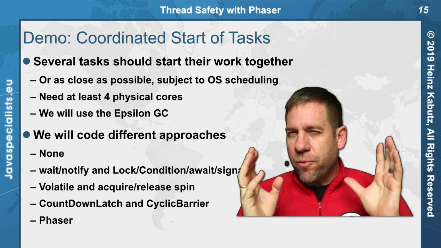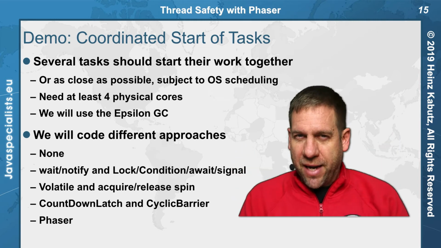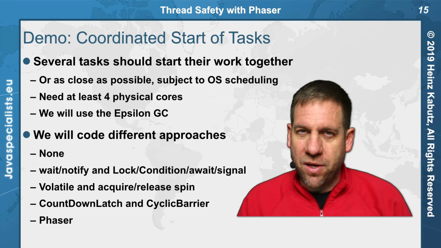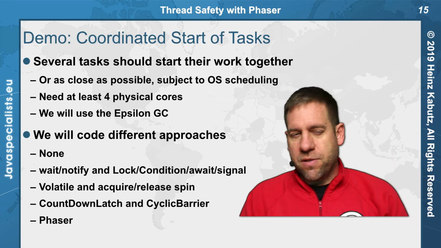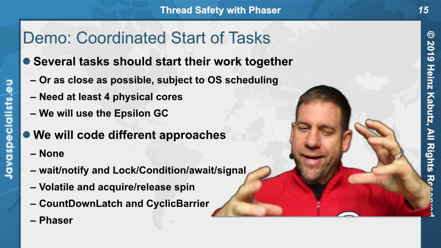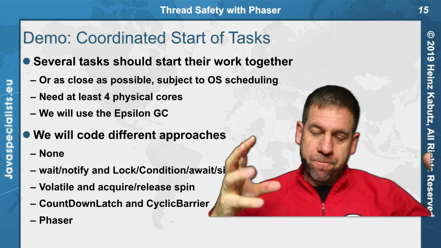And what we're going to do today is going to be a bit like that, right? I don't know how accurate this is going to be. So what I'm trying to do is the following. I want to have a bunch of tasks that start work as close as possible together.